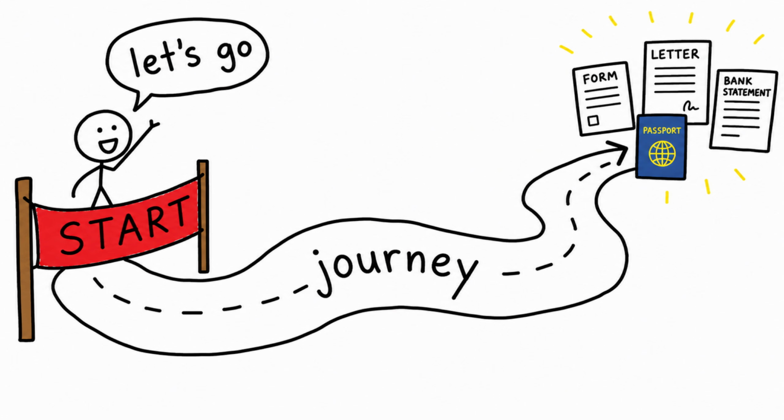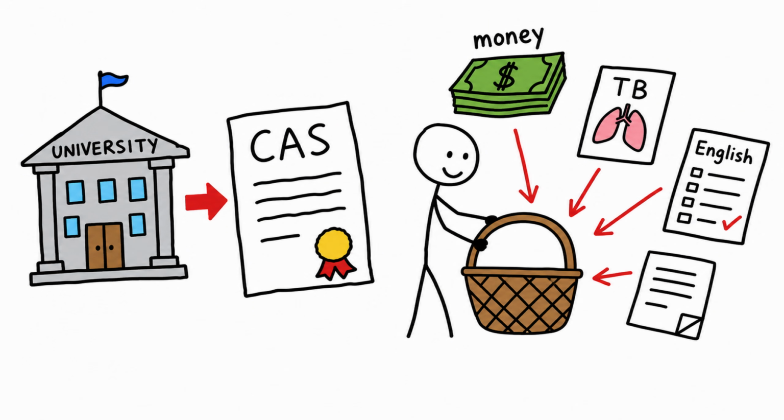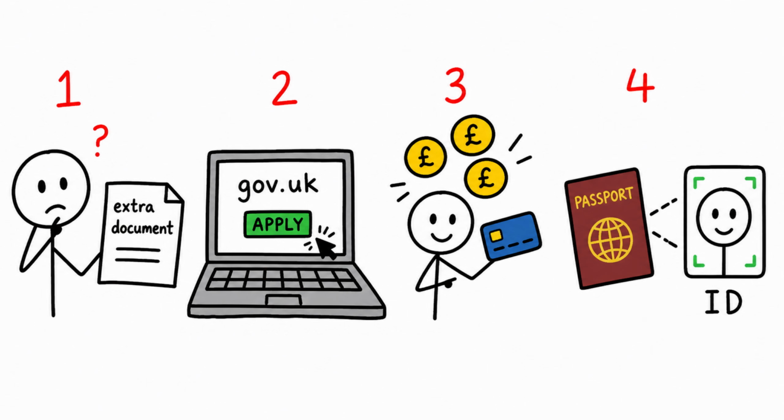Before the documents, let me walk you through the journey so that you see how it all fits together. There are 9 steps. First, your university makes you an offer and issues your CAS. Second, you gather your evidence, your money, your TB test, your English, and anything extra that applies to you. Third, you apply and pay online on gov.uk.